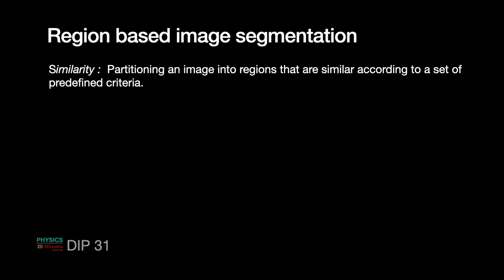Region-based segmentation, we spoke of this in the last class also, is partitioning an image into regions that are similar according to a set of predefined criteria. Those predefined criteria could be anything. Here, in this case, we are using intensity as the criteria.